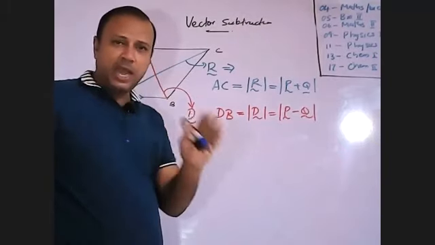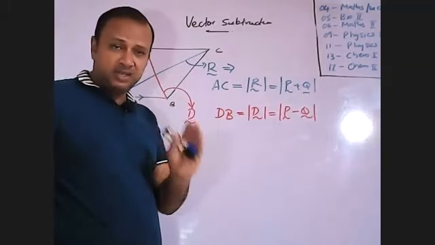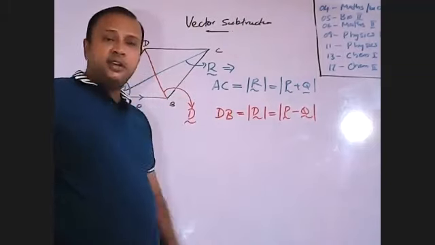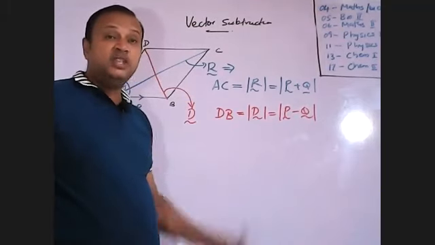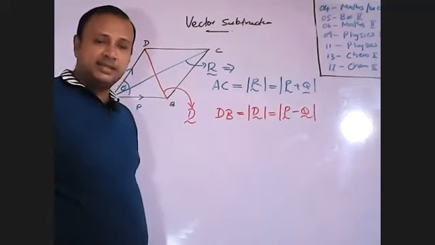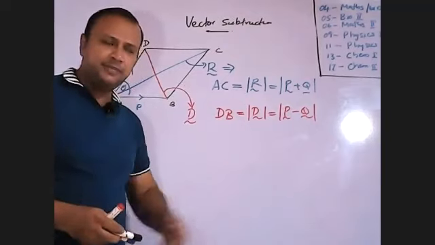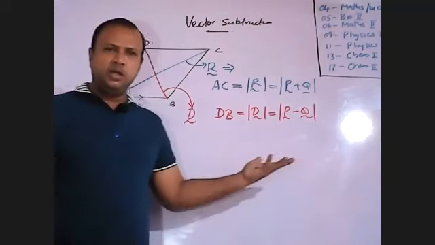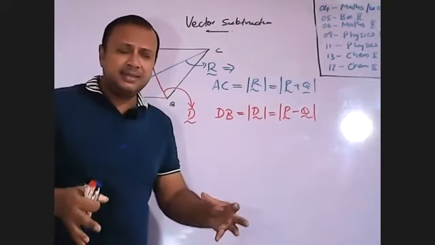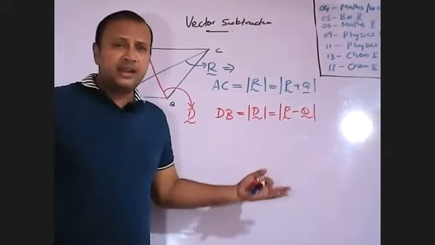Everyone please listen, the only thing you have to consider in this kind of question is these two diagonals. If in the question the modulus of P plus Q and modulus of P minus Q are mentioned, that means they are talking about the two diagonals.